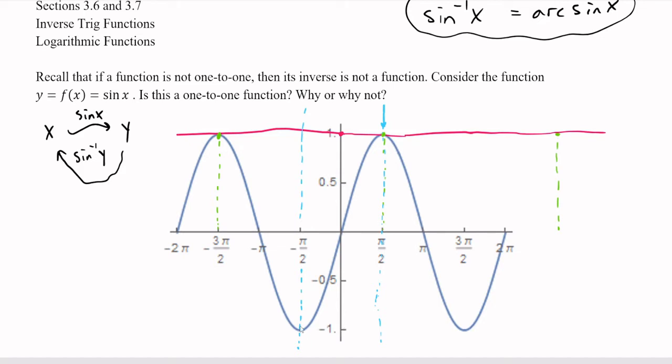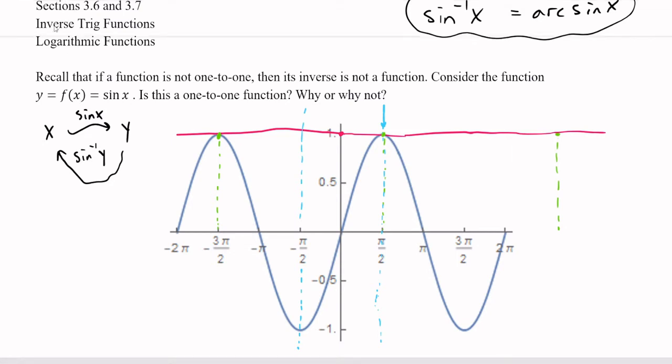How many times does sine hit that y value in between these blue lines? It hits -1 once. It's hitting all these y values, hits 0, hits all these positive y values, hits 1, but it never hits any of those y values more than once. We've done a good job. We've sliced sine.